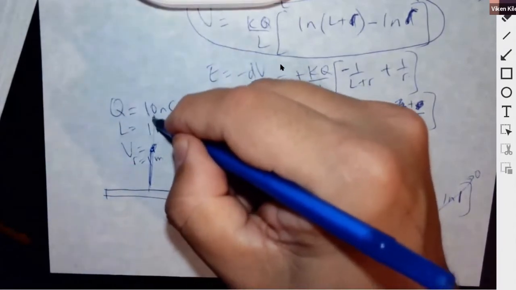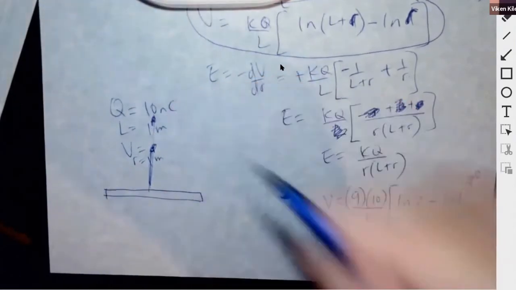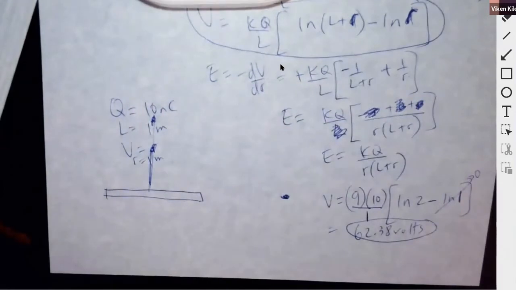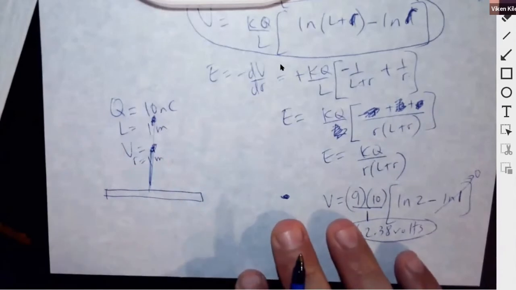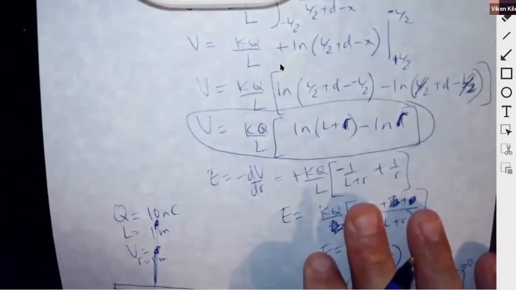Okay, how about 1 meter this way from the middle, which would be somewhere here. So 62.38 volts, and then 1 meter. So what was the general equation for the middle? Oh, it was the sine hyperbolic equation, right?